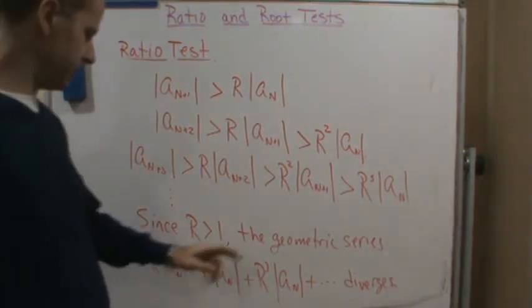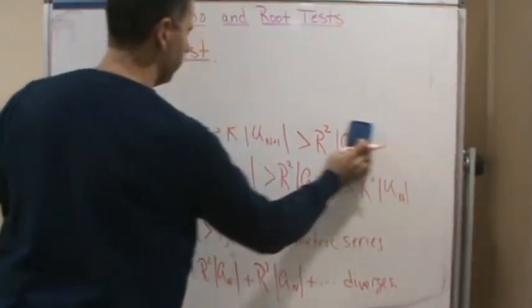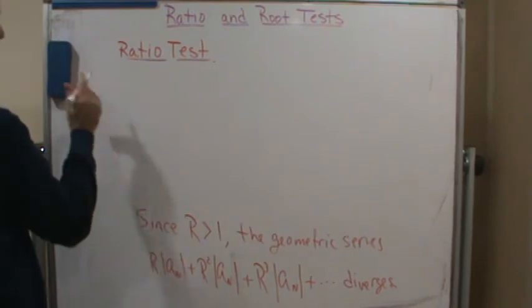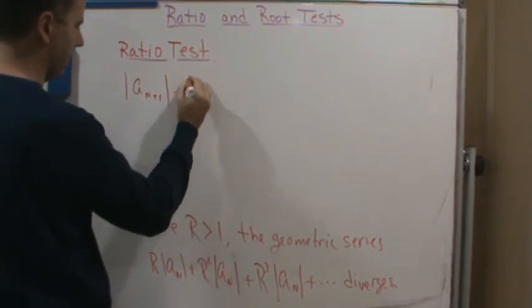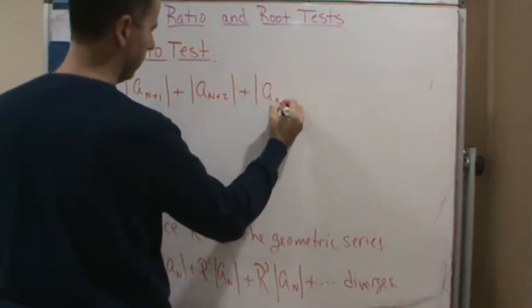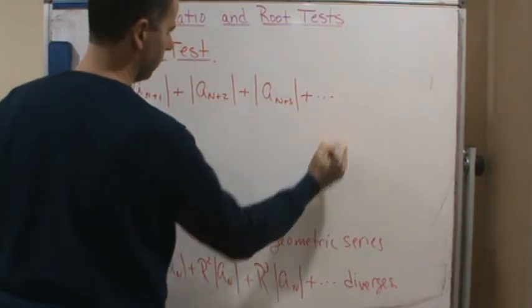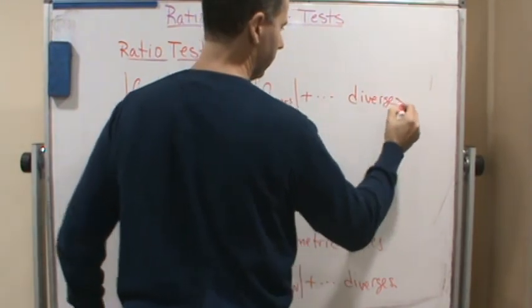And so by the comparison test, since this diverges, the other sequence diverges. So we can apply the comparison test and we can conclude that it diverges.